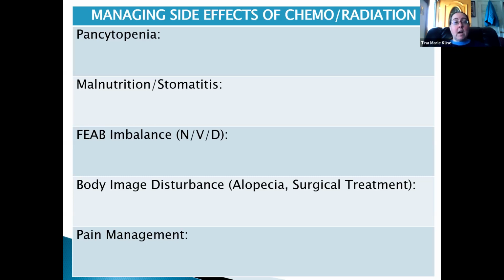Getting back to the stomatitis specifically, obviously we use pain management with that, but we will actually use something specific. It's called Magic Mouthwash. It has some different things in it, one of them being lidocaine, and they basically do a swish and spit before meals, and it helps numb the mouth.